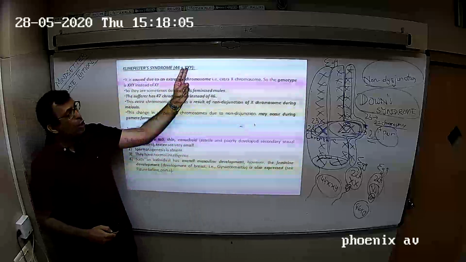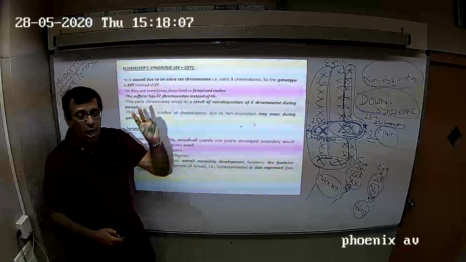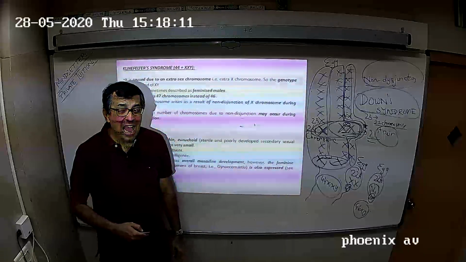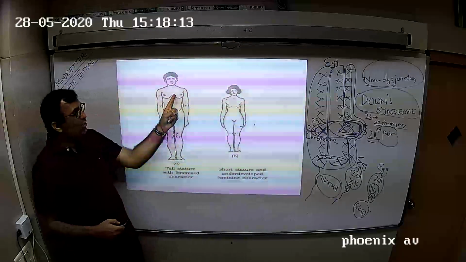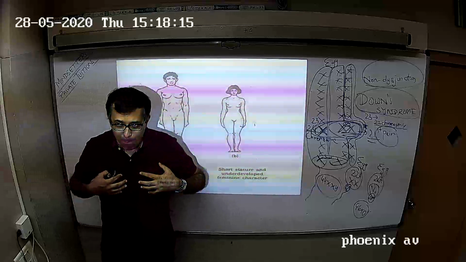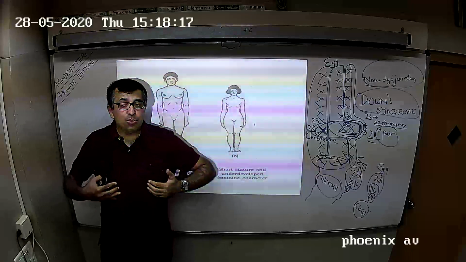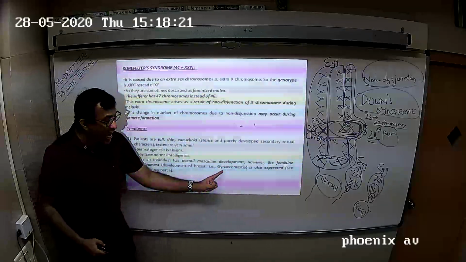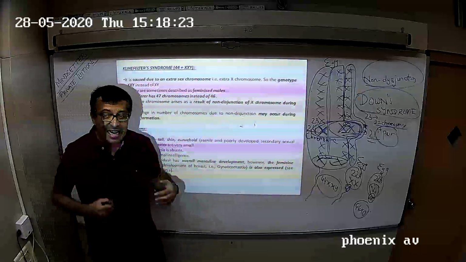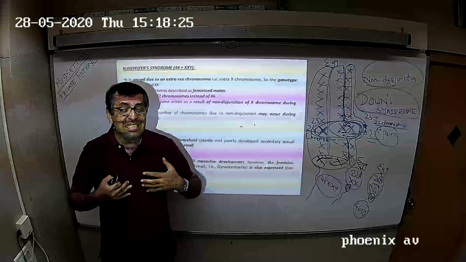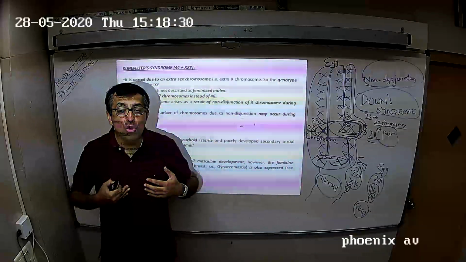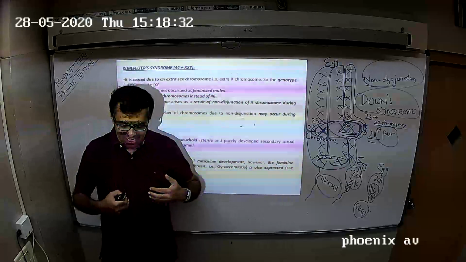Two X chromosomes will produce a lot of estrogen, and estrogen will cause fat deposition in the breast, and the breast will develop, a phenomenon called gynecomastia. Breast enlargement takes place, and such males are eunuchs. They have breast development.